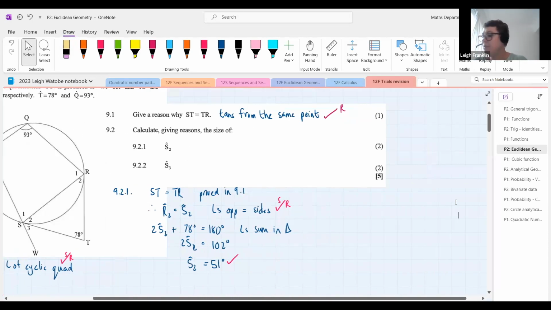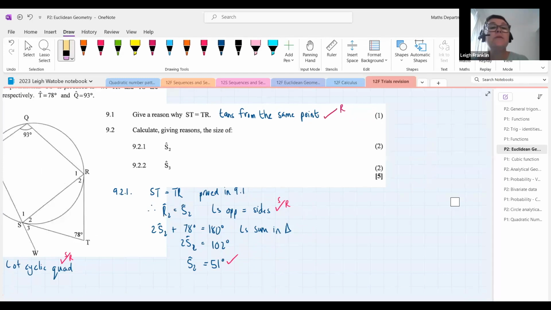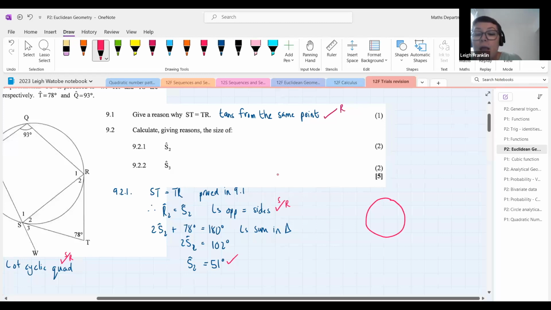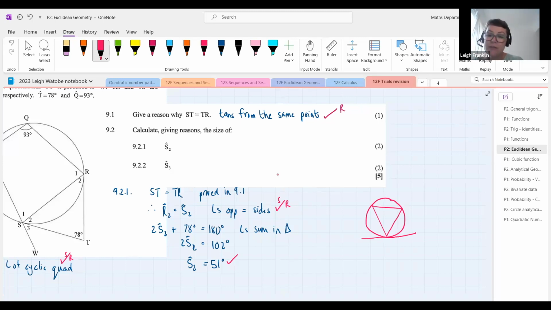Teddy, this is not going to be the best diagram in the world, but this is when you use tan chord theorem. You've got a circle and a triangle on the inside of that circle, and a tangent at one of the vertices.